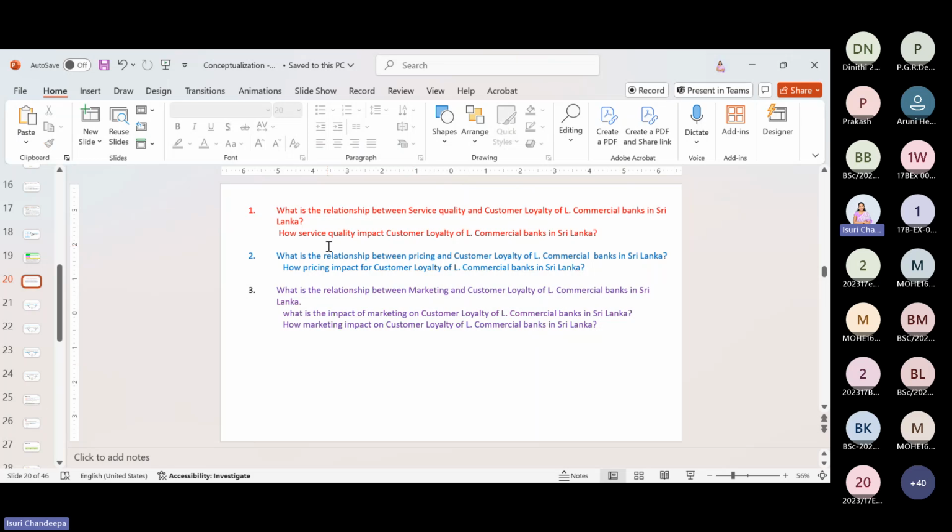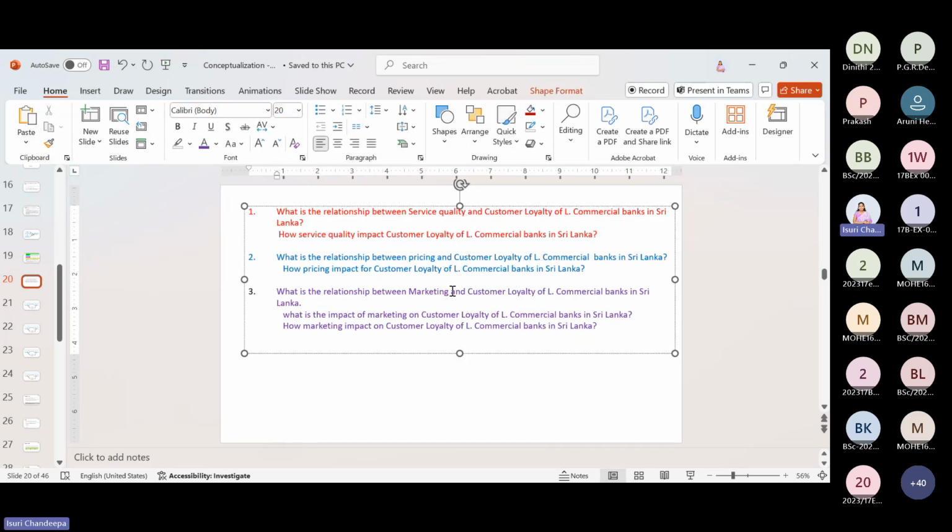The third question is regarding variable 3, independent variable 3, which is marketing.